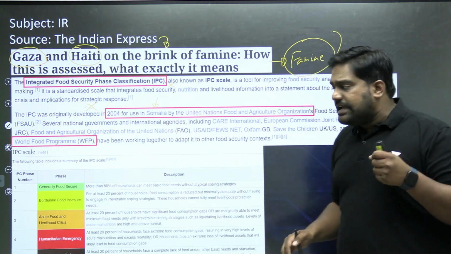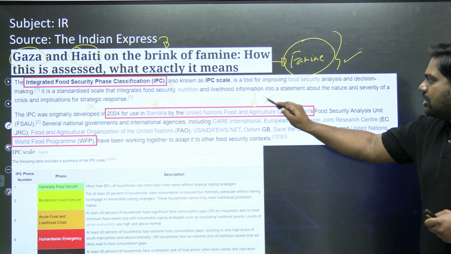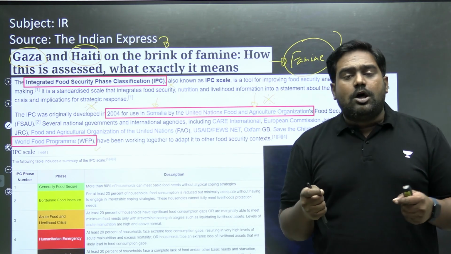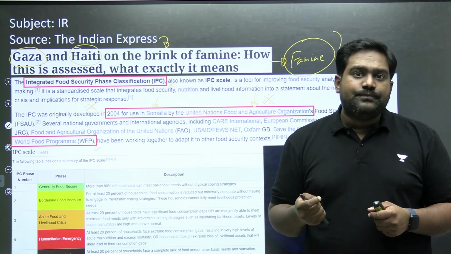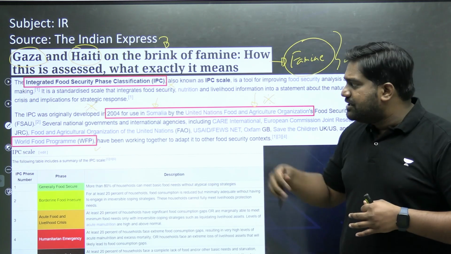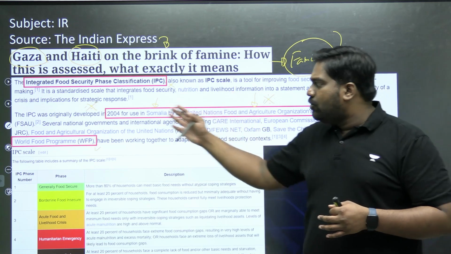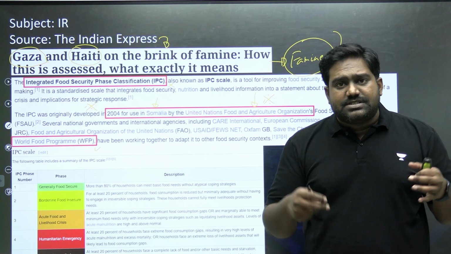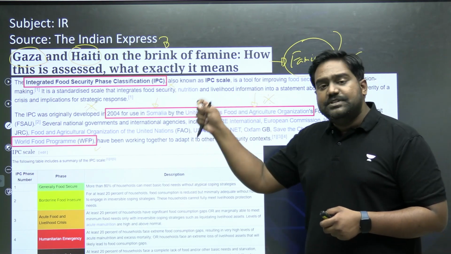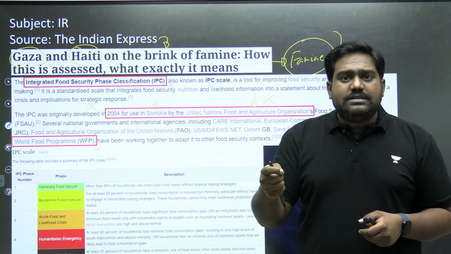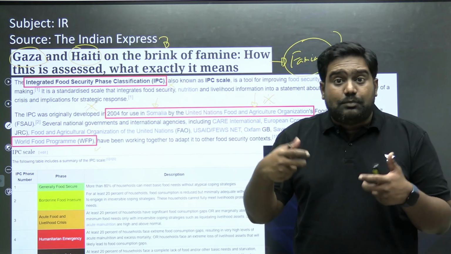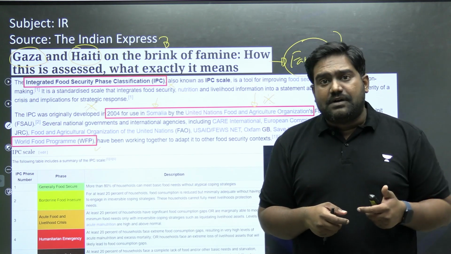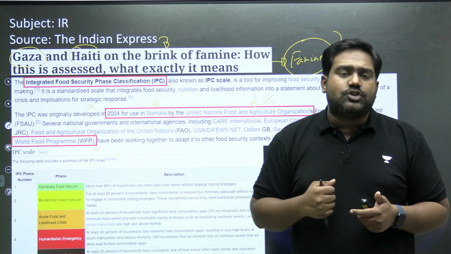This initiative was taken up by the Food and Agriculture Organization of the UN along with the World Food Programme and many other global organizations, including some NGOs. So a few international organizations under the United Nations like FAO, World Food Programme, and a few non-profit and non-government organizations collectively came together to develop this scale through which one could measure the extent of lack of food security and the possibility of a famine in a particular region, especially in regions where disasters have occurred or where wars and conflicts are going on.